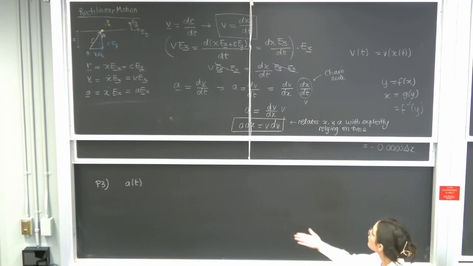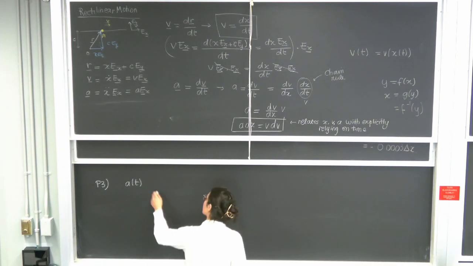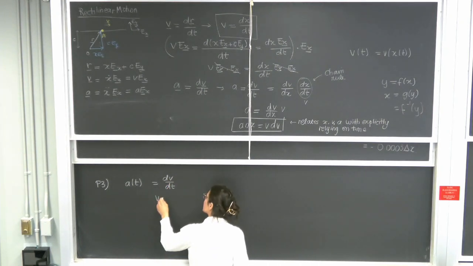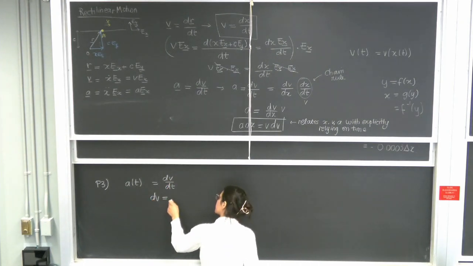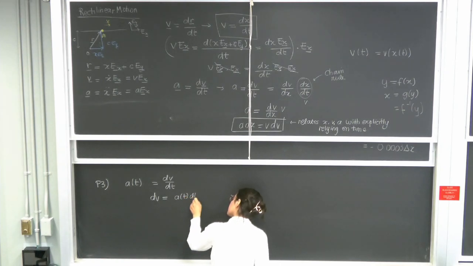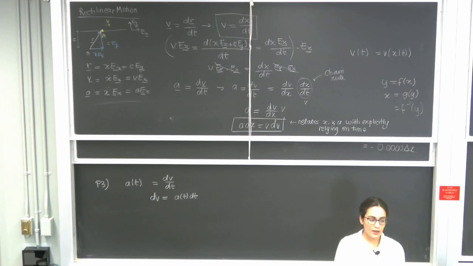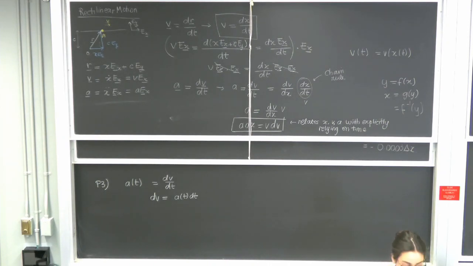What we'll do is say that a is equal to dv by dt, and I can integrate that equation to find the velocity. And I can integrate another time to find the position as a function of time. Okay? So please solve that problem and let us know on Ed or during office hours or the exercise session if you have any questions. Deal? Cool.